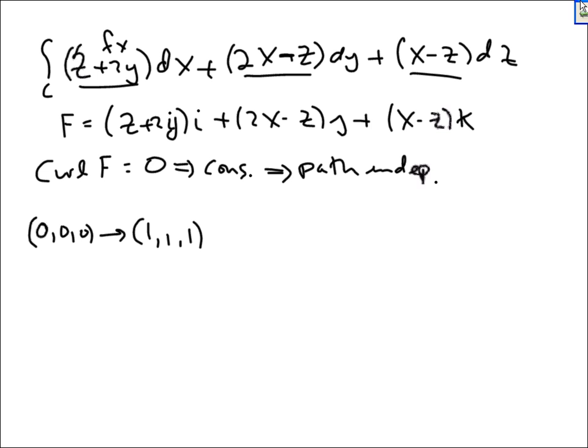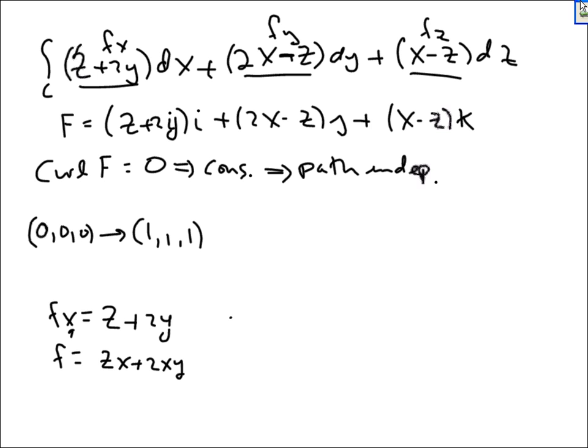Remember, this is fx, this is fy, and this is fz. If fx is z plus 2y, which is a constant in terms of x, so f must be that times x. F must be zx plus 2yx.